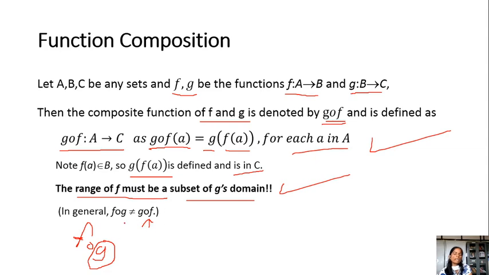Therefore you can say that these two composition maps are not equal. So f composite g is not equal to g composite f.